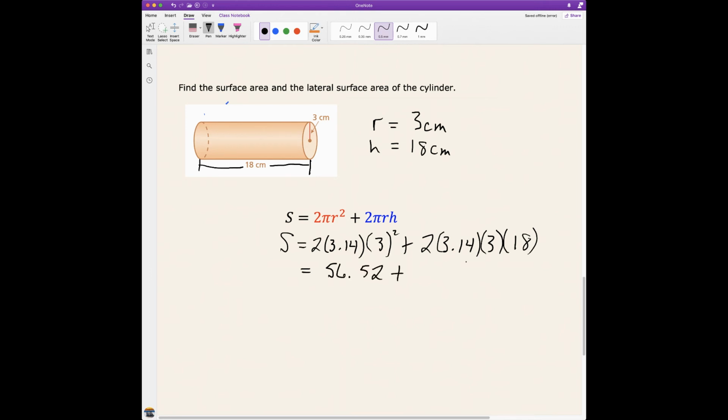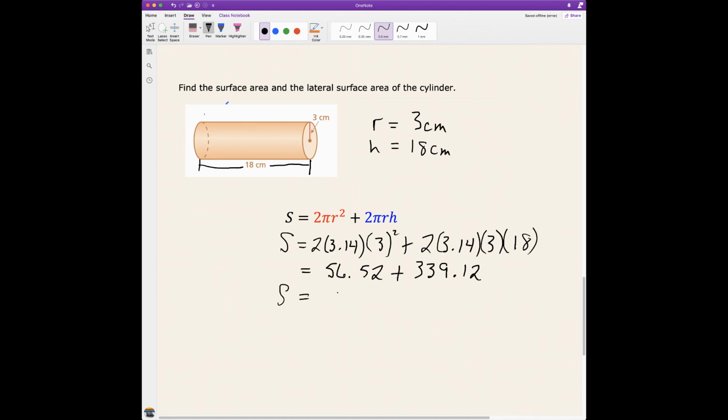Okay, for the next piece, 2 times 3.14 times 3 times 18 is what? Okay, very good. 339.12. And then all we have to do is add those together.